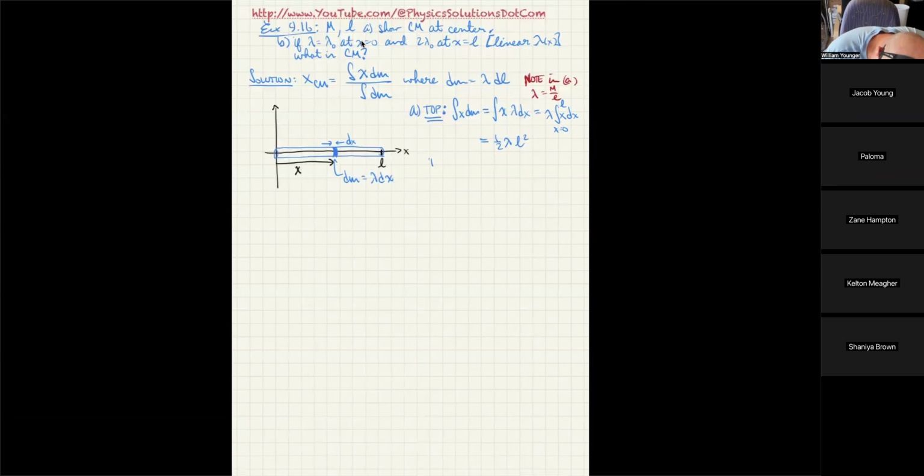Now the bottom. The bottom is the integral of dm, and it literally means the exact same dm we had before.